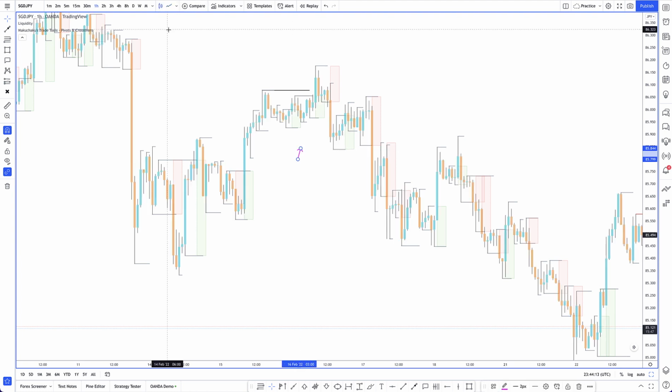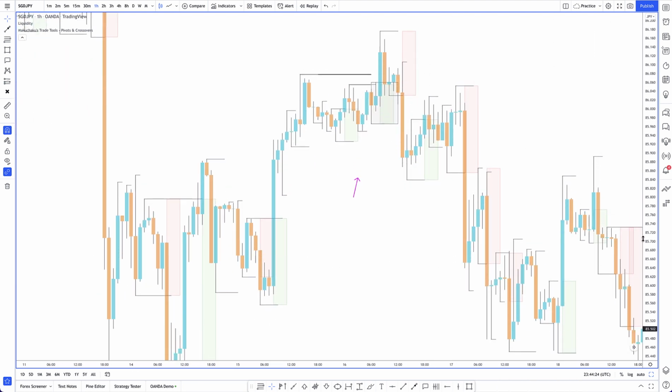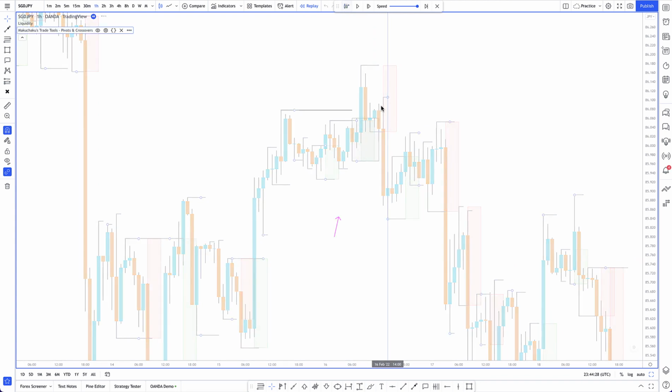Going back to the candlestick chart, what I'm interested in is, let me zoom in so that you can see clearly, and let's stop the price here.